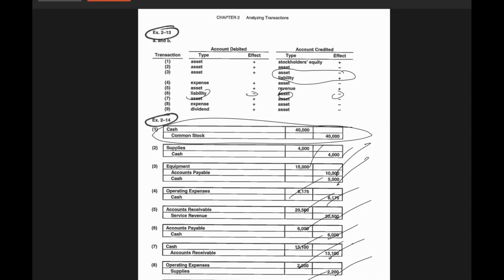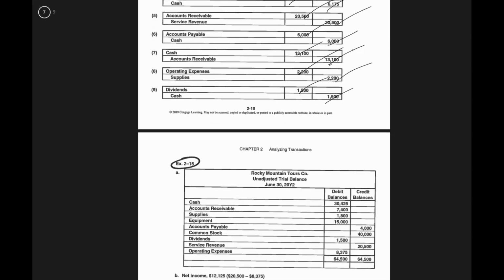And then there was number 15, and it said prepare a trial balance. Well, the only way you could do a trial balance is first by creating all those T accounts for every account. And let's just say the first one is cash. And you put all your debits in there and all your credits.